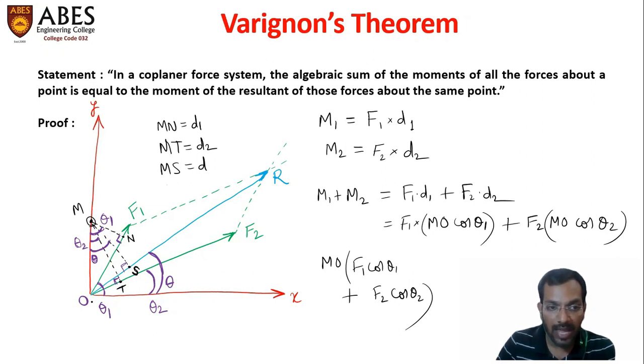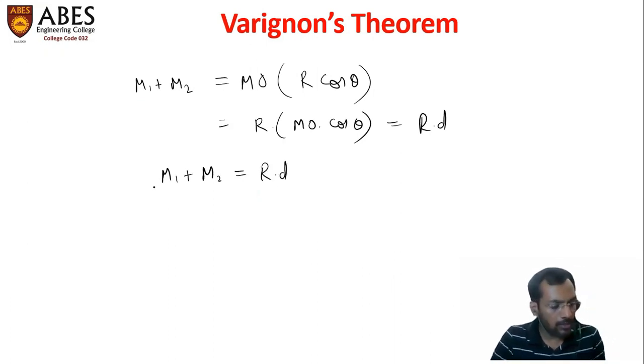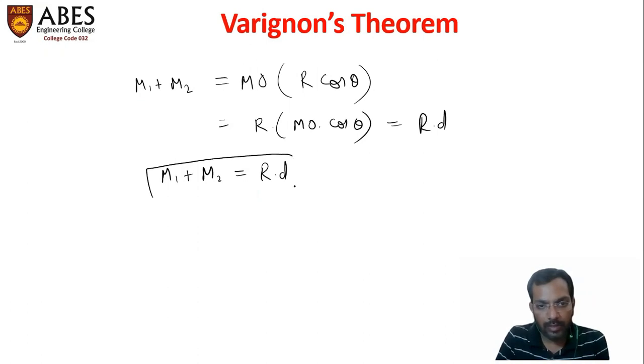So what is MO cos theta? Because this angle is theta, this becomes MS. And what is MS? MS is D. So let's replace it: R into D. So we can conclude M1 plus M2 is equal to R into D.